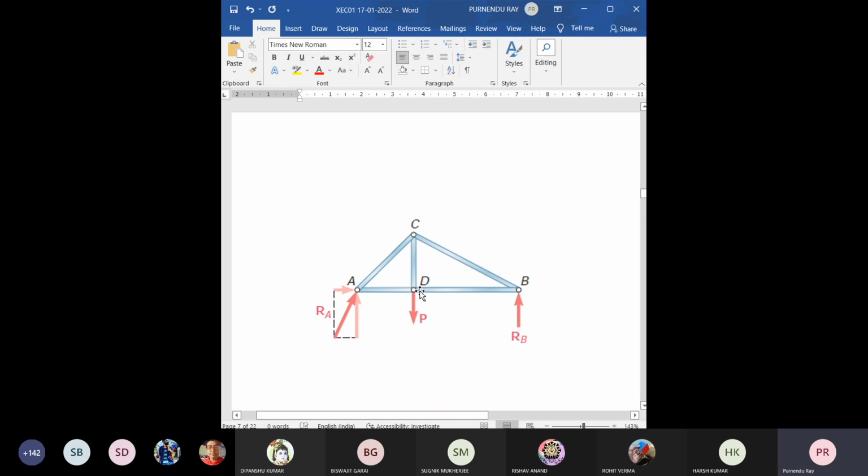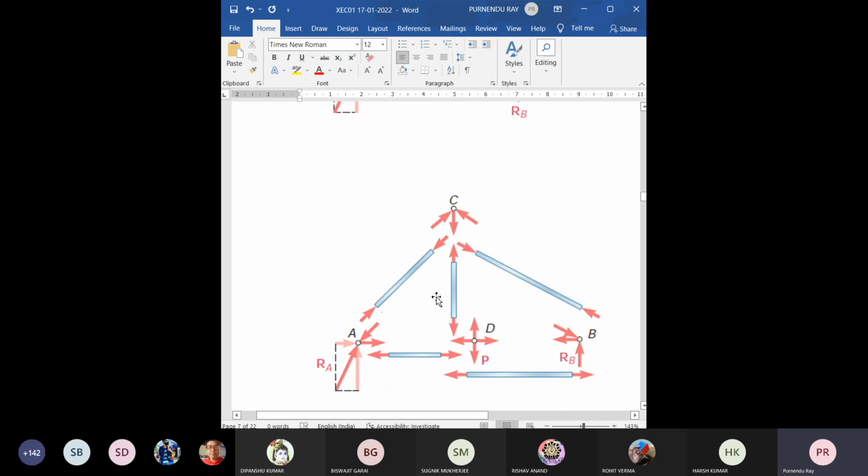No force is applied at some intermediate location on the member between the joints. And these members are considered to be weightless. Self-weight is negligible. These are assumptions. Practically or physically, it never happens.